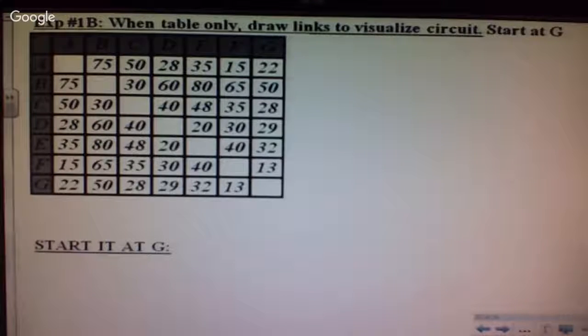All right. So when we're doing cheapest link from a graph, my suggestion to you is to draw yourself a visualization.